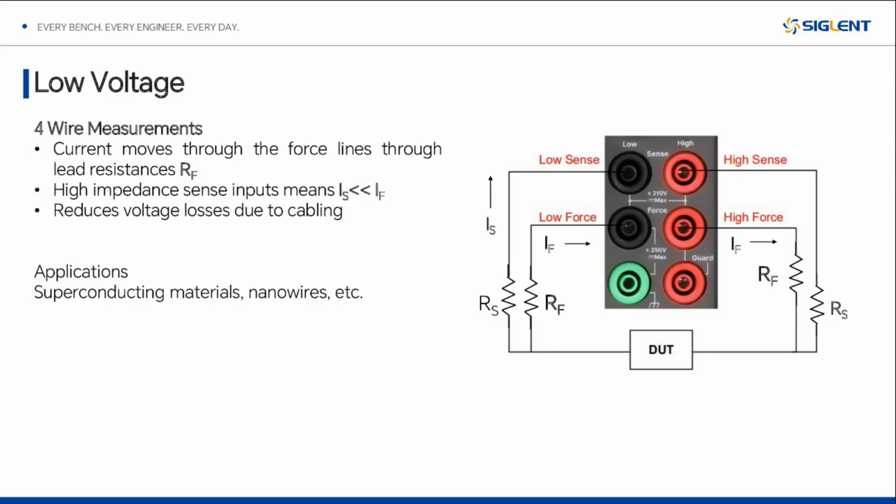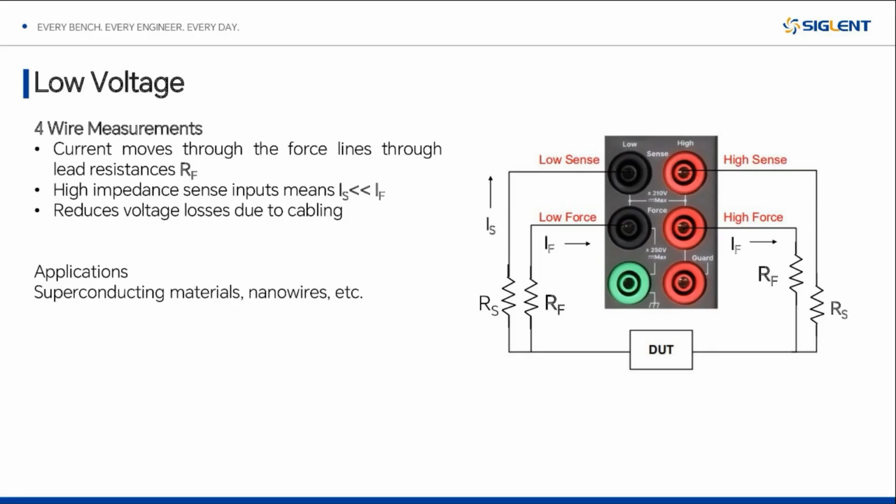But because there is essentially no current draw from the high impedance sense lines, there's no voltage drop across these series resistances. So you can get really close to the device and eliminate some of the error from those series resistances by separating your high impedance measurement node here to the 4-wire. So essentially, you still have voltage drop across these force resistors, but you're no longer measuring across those.